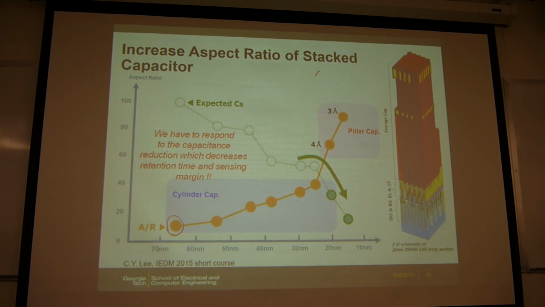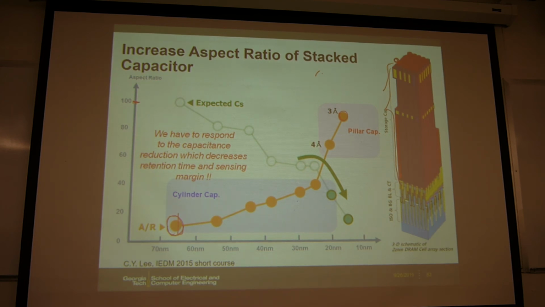But the aspect ratio here, you see that used to be like 10, but now below 20 nanometer, it approaches like 100. So what does this aspect ratio mean? You can see this is very tall, and the diameter is so small.